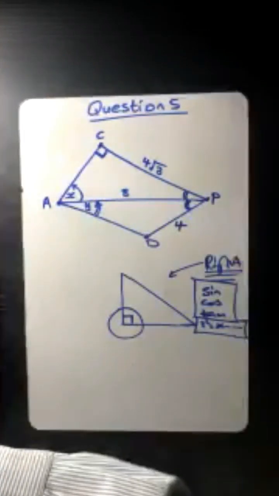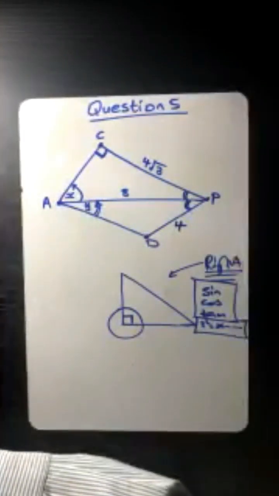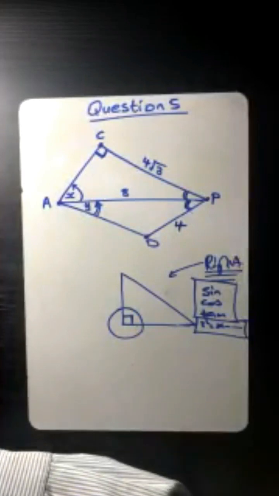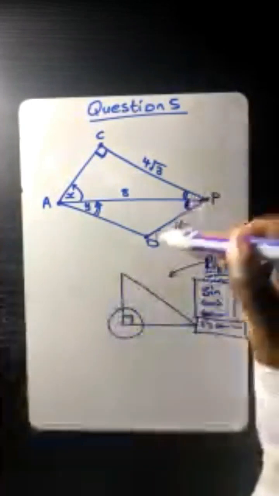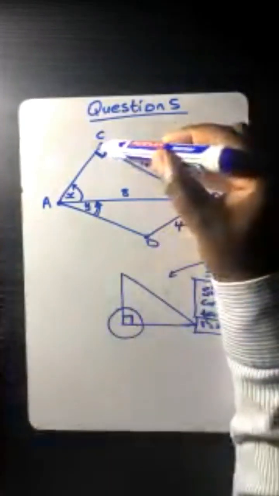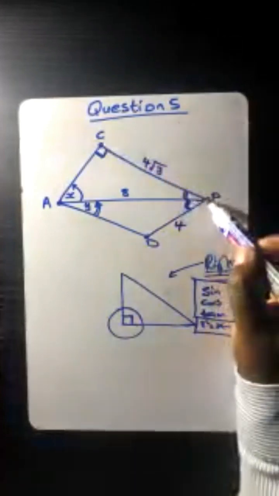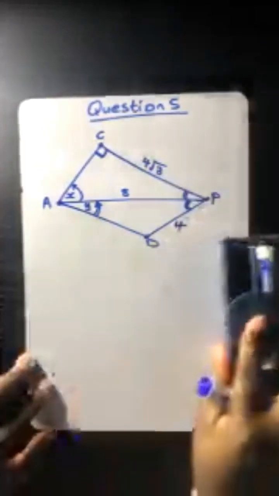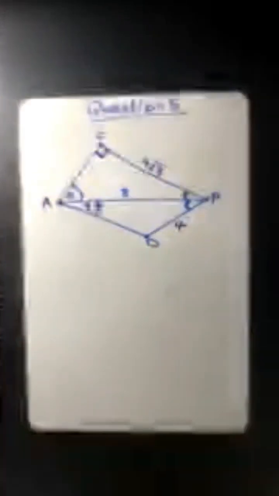bisects. Very, very much important, ladies and gentlemen. It bisects DPC. It bisects that angle P. Remember, guys, it's very important that you remember this info.